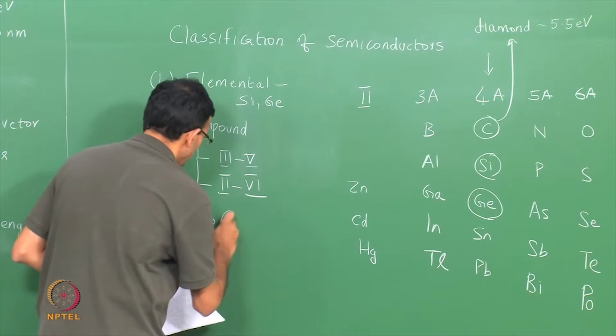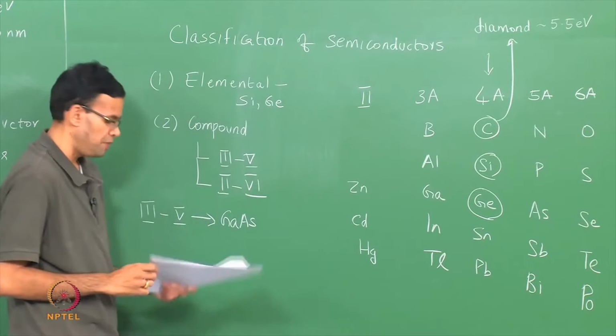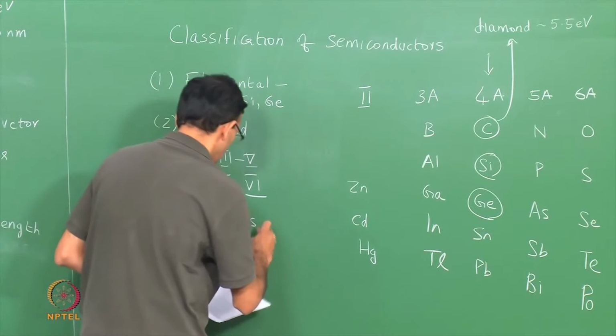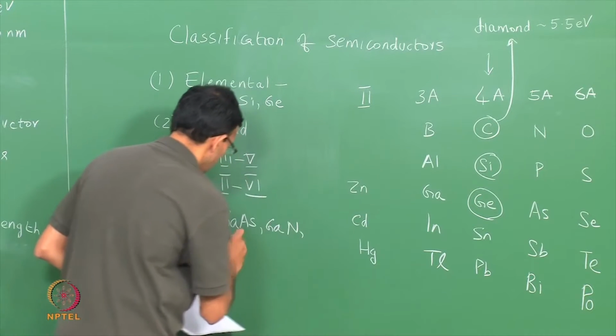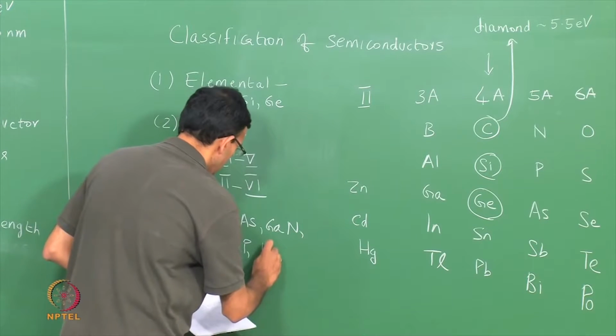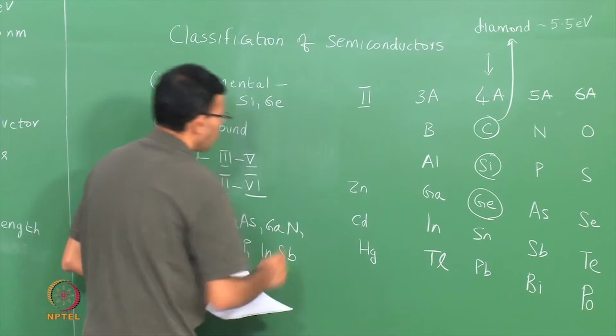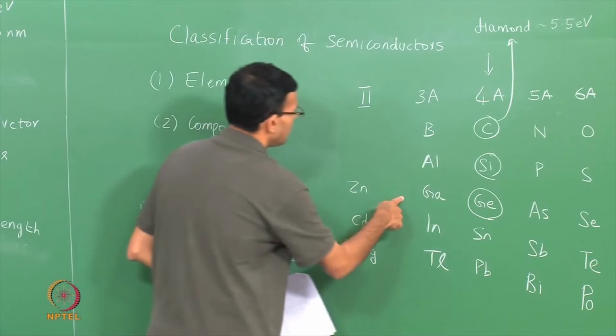You can have gallium arsenide, which is the most dominant compound semiconductor, gallium nitride, gallium phosphide, indium antimonide, and so on. So, all of these are formed by putting elements from here and from here.